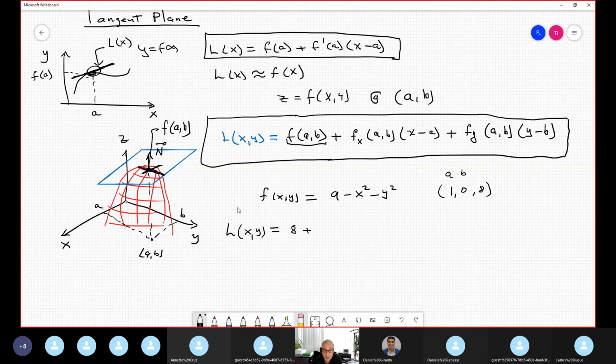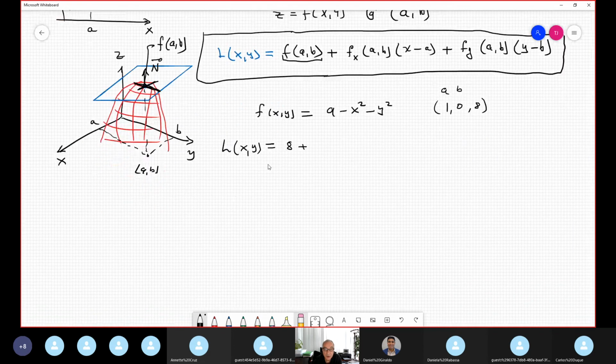I need to compute the partial derivatives. The partial derivative with respect to x of the function: I differentiate with respect to x, and obviously it's minus 2x.